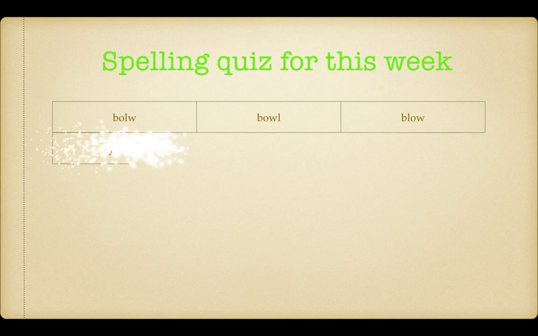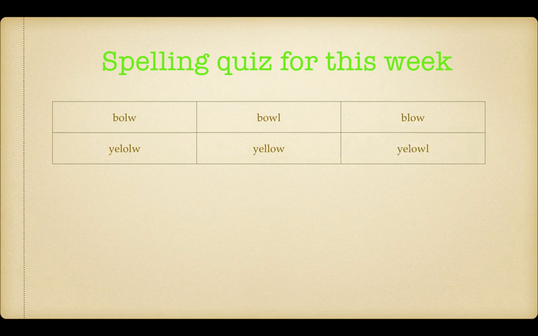Let's look at your second word, yellow. Which box has the correct spelling for the word yellow? Is it the first box, the middle box, or the last box? Let's call them rectangles. Number 3.